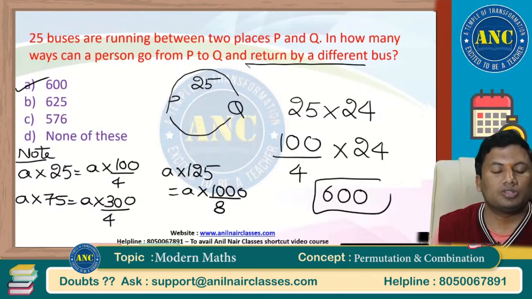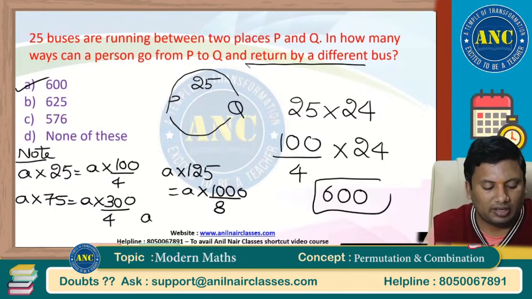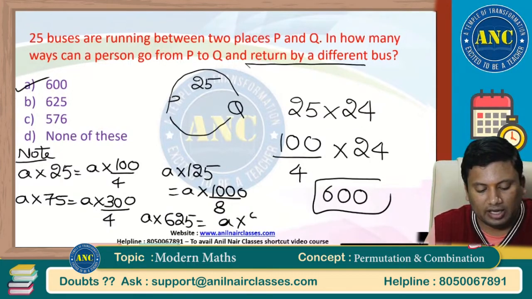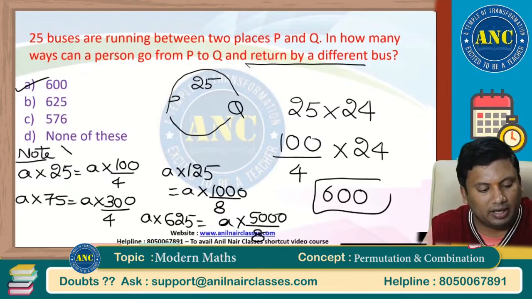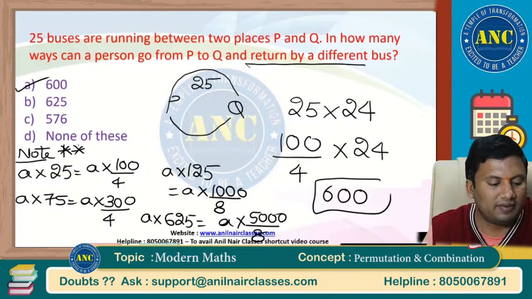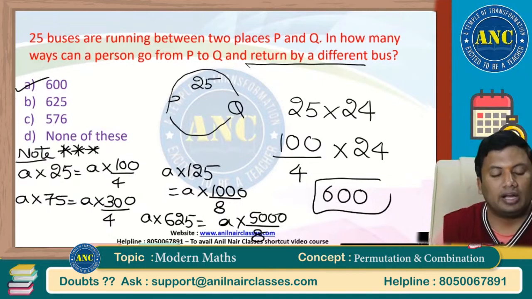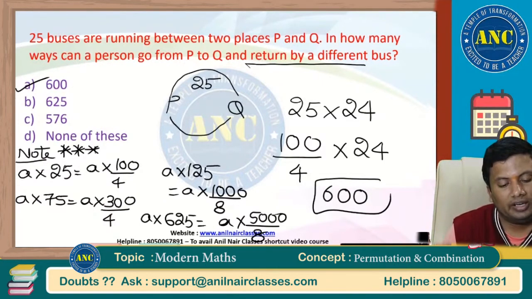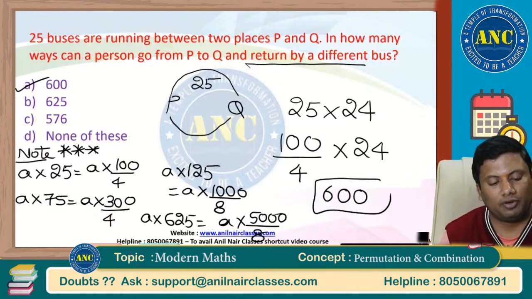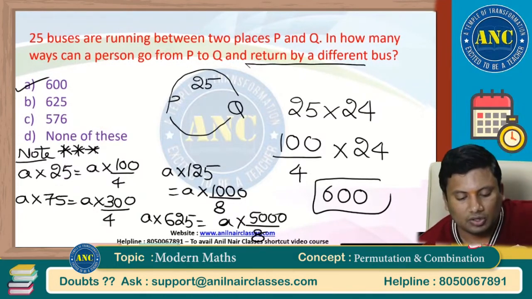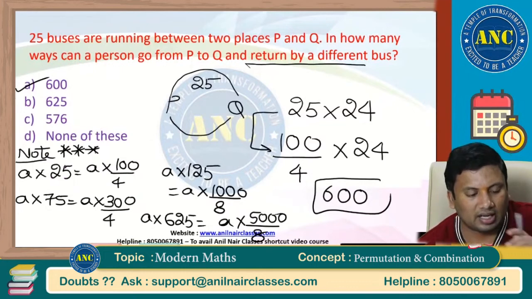Suppose A into 625 is there, try to write it down as A into 5000 by 8. This is extremely important, sir. This will save a lot of your time in your examination.